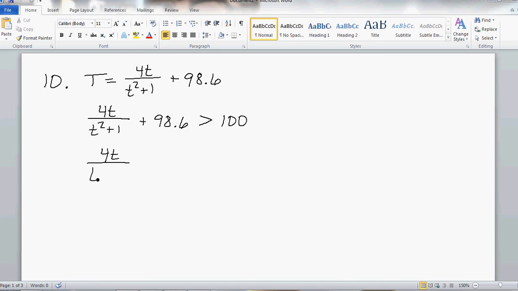4t over t squared plus 1. Subtracting 100 would be minus 1.4, greater than 0. Now we need a common denominator. That common denominator will be t squared plus 1.